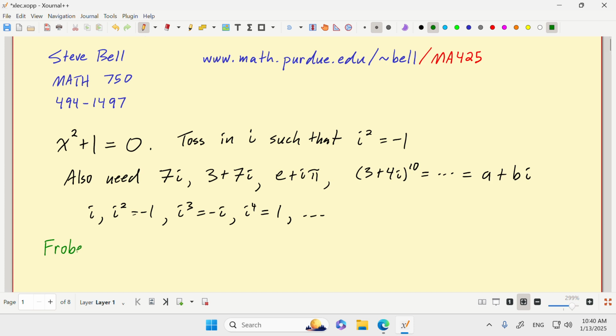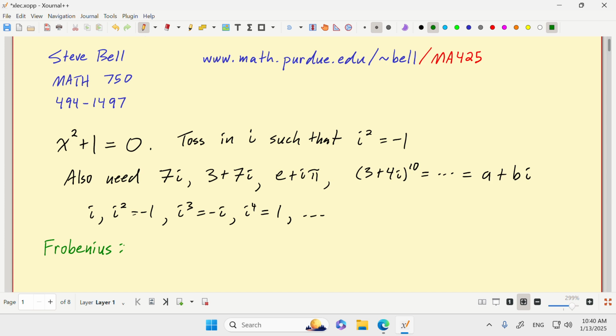I don't know why they never say Frobenius' theorem. Frobenius said whenever you play this game and add finitely many things to the real numbers, there's a very limited amount of new things you can get.